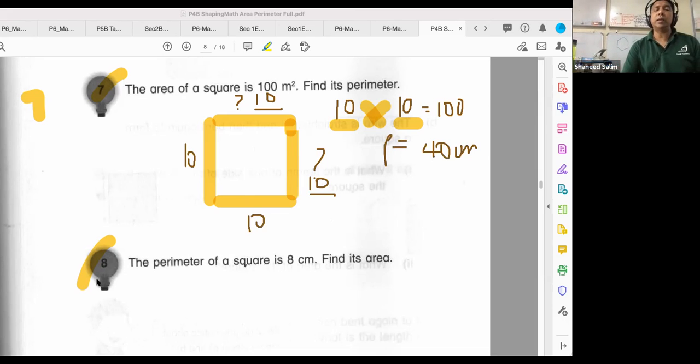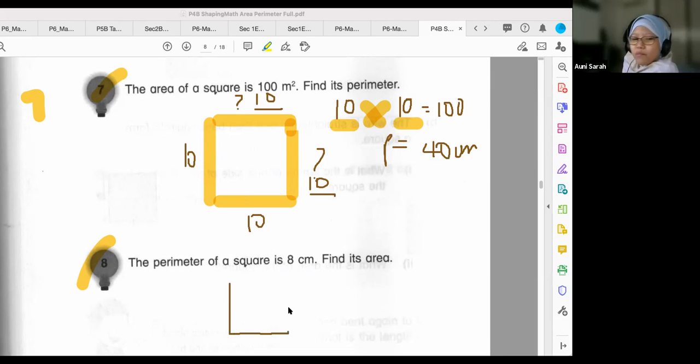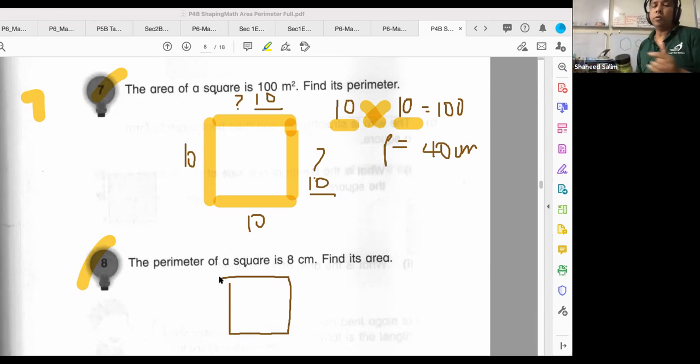Can you try the next one now? It's not the opposite. They give you the perimeter now. This one is a method I only used just now. You can find this answer.